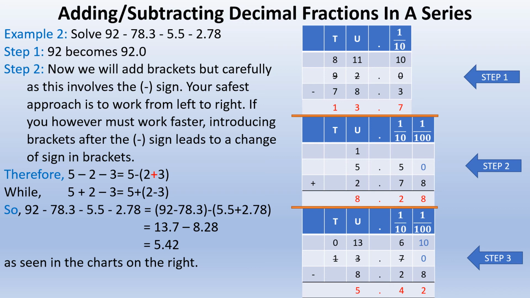And that gives you a different answer. This 6 is wrong. So when you introduce brackets after a negative sign, do well to change the negative sign to the opposite of that. Okay? And that's the positive sign. This is more dealt with under factorization.